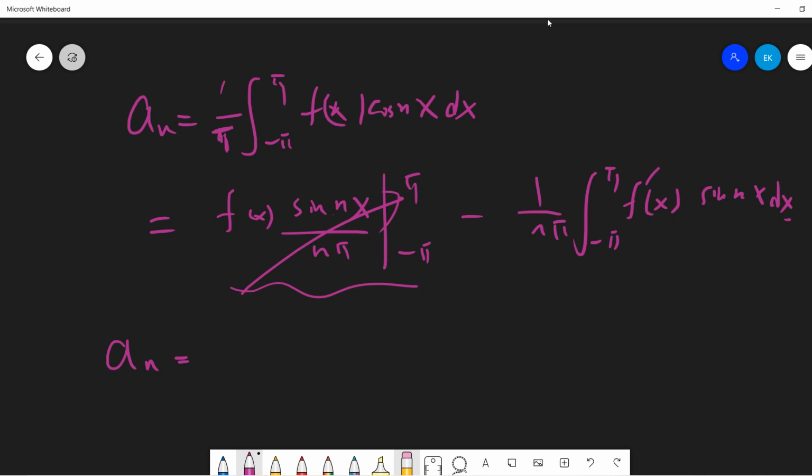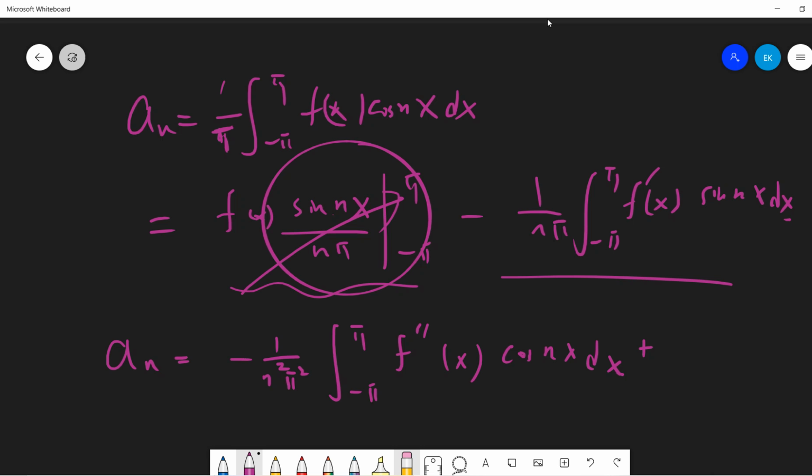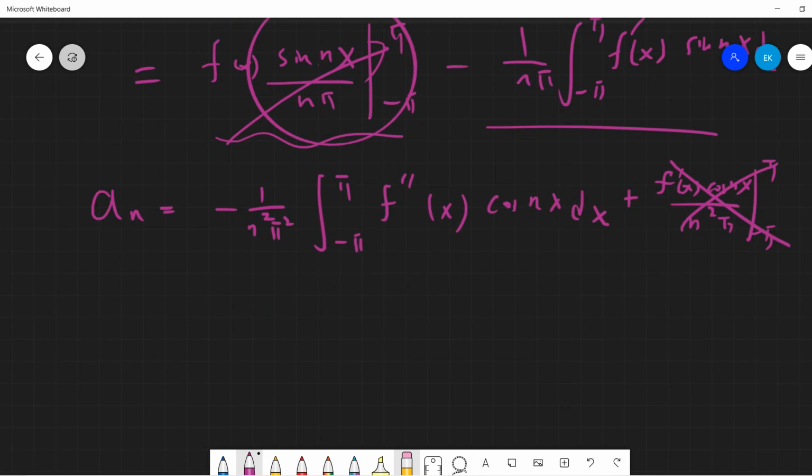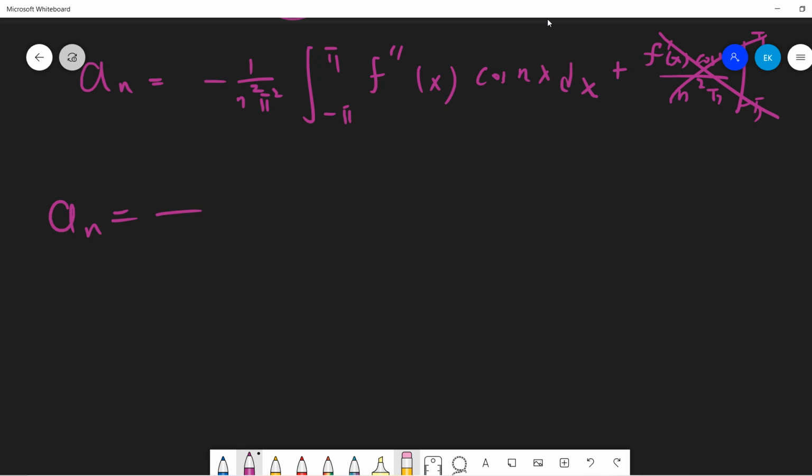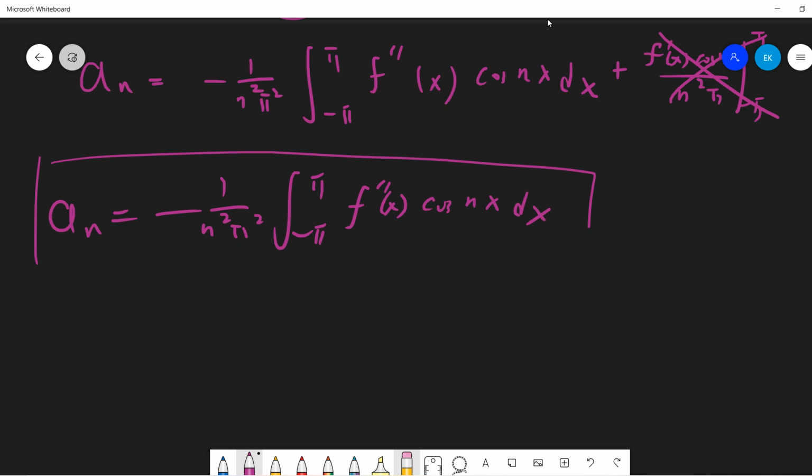So a n is minus this one. And we can do it at least twice. So we use integration by parts again, and this boundary term is still 0. So what we get is this, the coefficient a n.